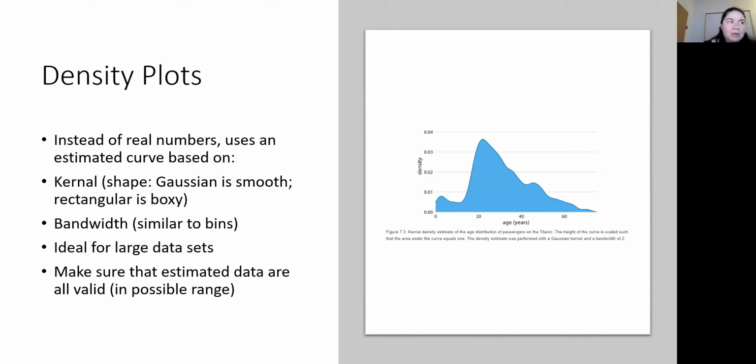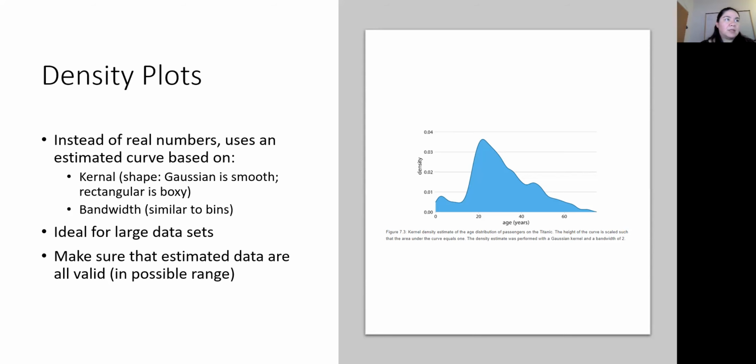That's going to give you the width, so to speak. This is really ideal for large data sets, not for small ones, because it needs to be able to estimate those curves, and it will only get more accurate with larger data. It'll get smoother with larger data too.